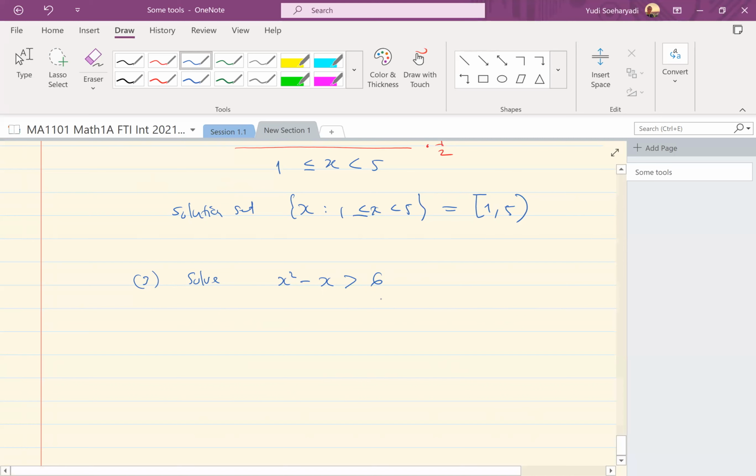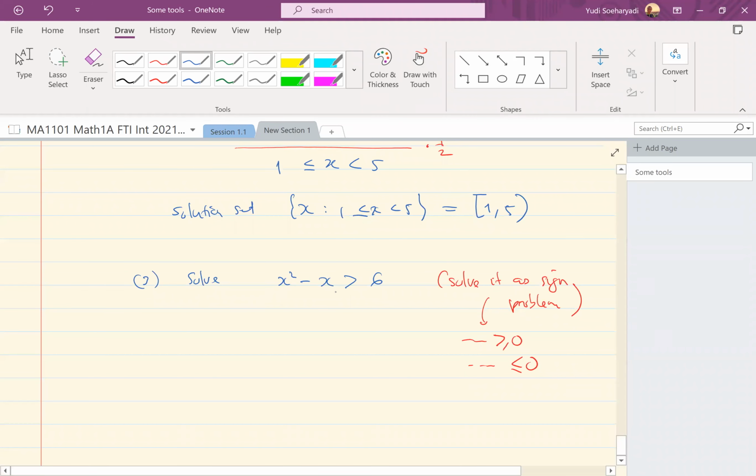Okay. What is sign problem? Sign problem is this one, or something, doesn't matter. Okay. So you solve things like find something positive or find something negative.